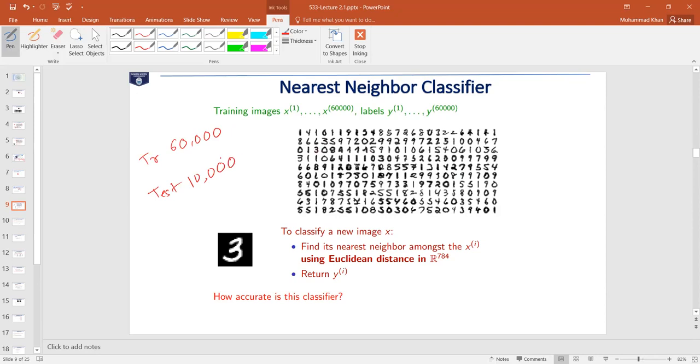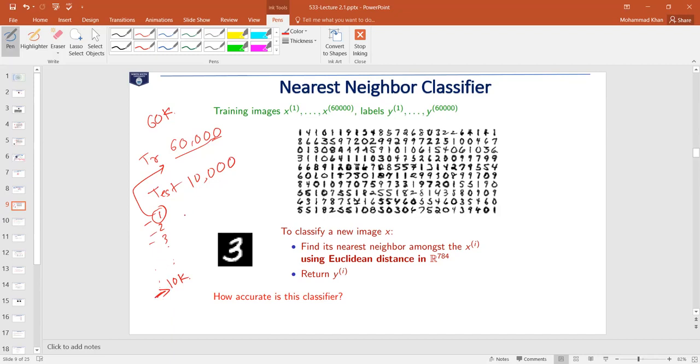In that case, we take the test images 1, 2, 3 until 10,000, and for each of the images, we calculate 60,000 distances with all the training images, and then take the label that has the shortest distance, and do that for all the 10,000 images, and then find the accuracy.